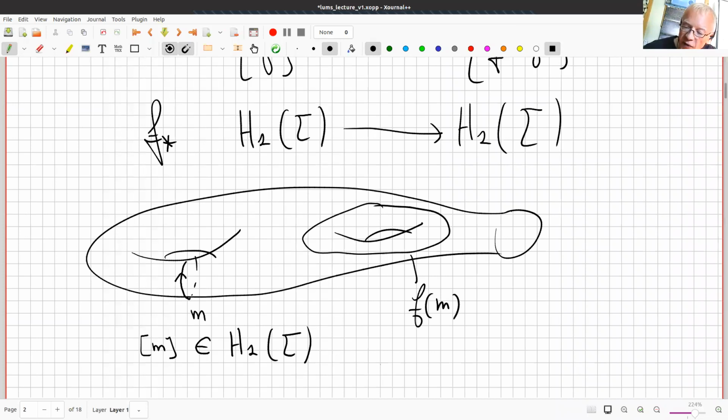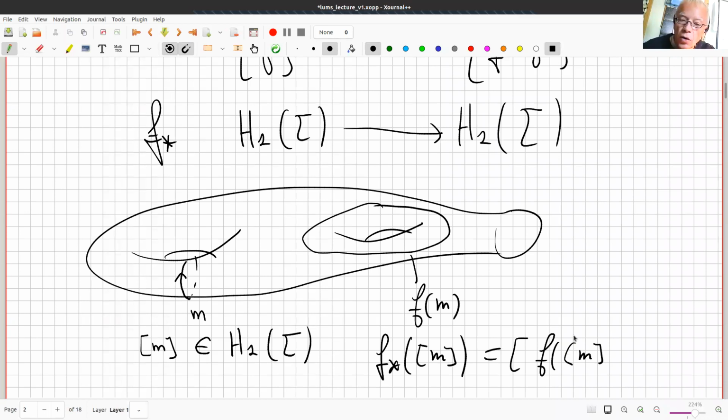So by definition, F star of the homology class represented by M is the class of F of M. That's quite easy. Is it okay?